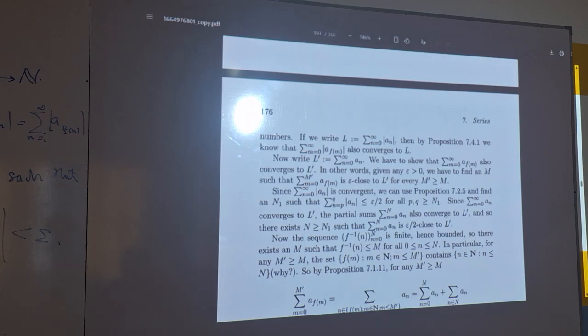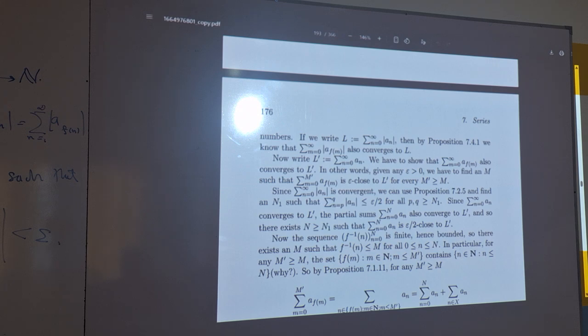N1 has the property that any partial sum after N1 is within epsilon by 2. So here he says the sum from n equals 0 to N is epsilon by 2 close to L dash.